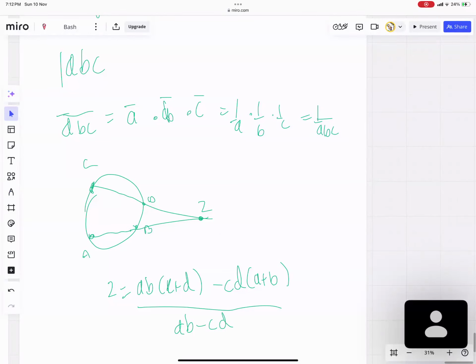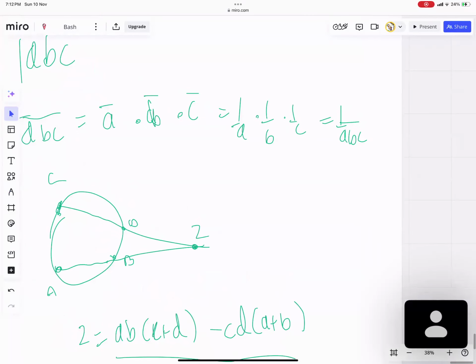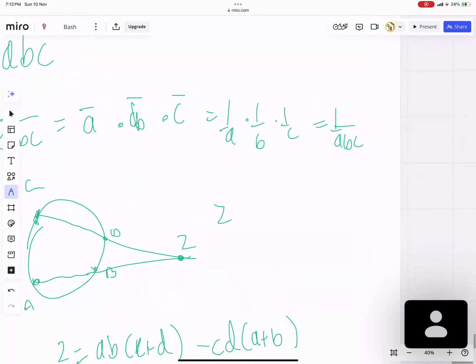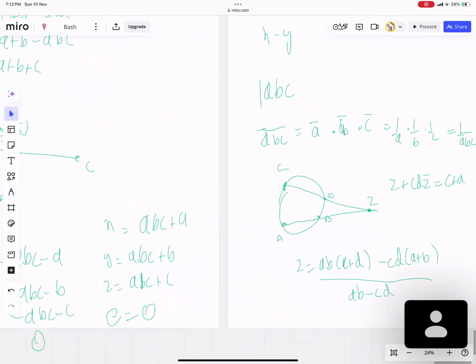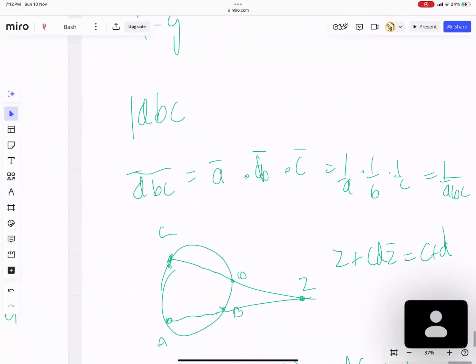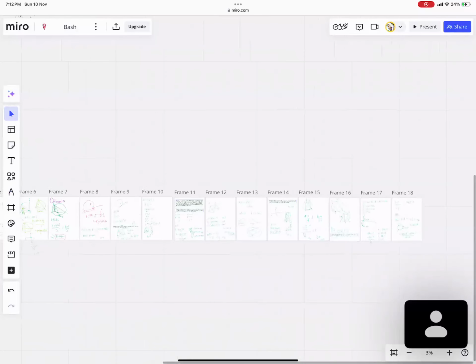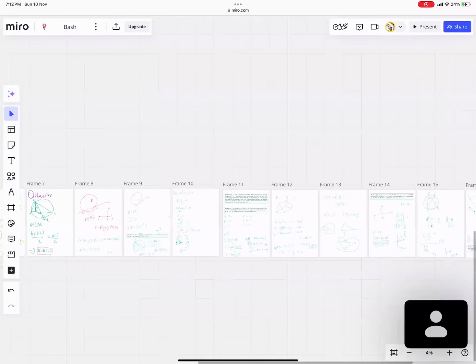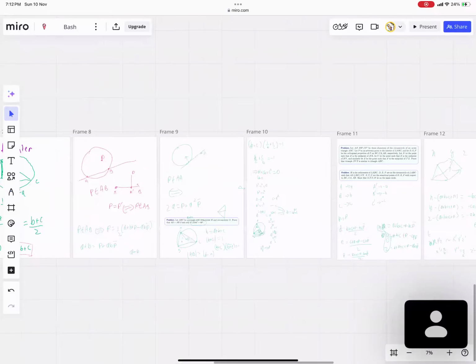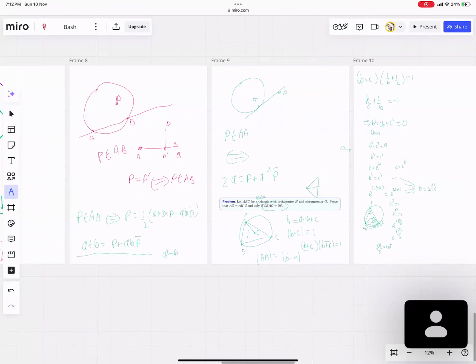And the way to prove this is, we know that Z lies on CD, right? So I think we discussed this before. We have that Z plus CD times Z conjugate is equal to C plus D. I proved this somewhere over here. Remember this?